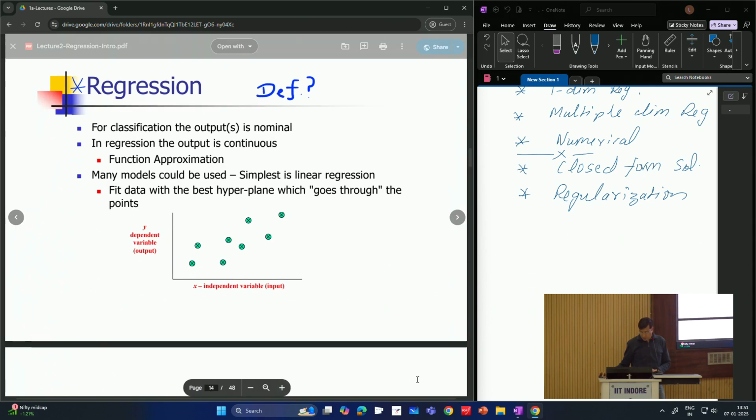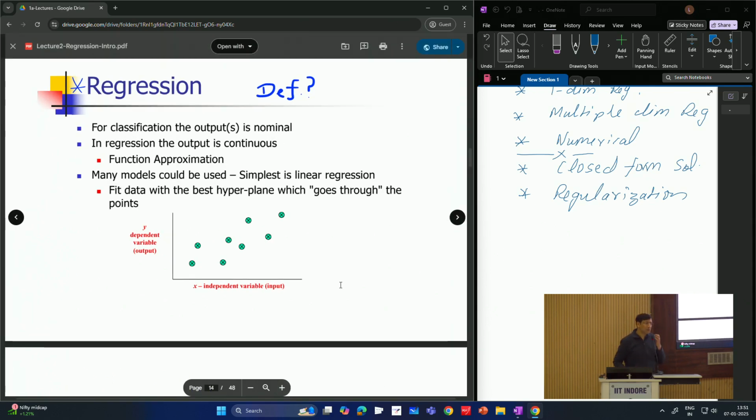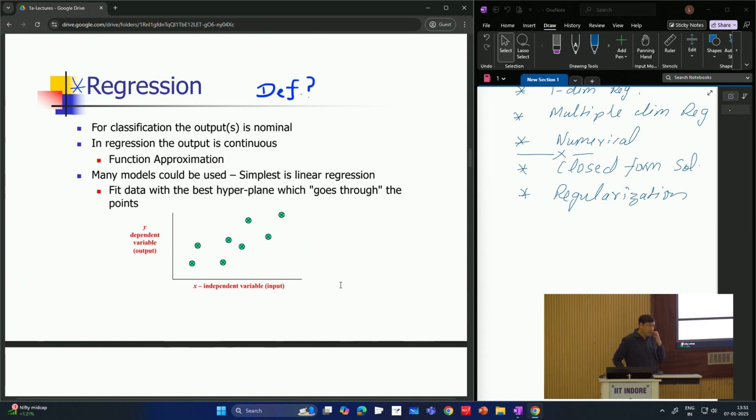Now what do we do in regression? Classification is another type of problem which we solve, which we'll see later. Yesterday, those who were there, I talked about classifying images into breast cancer images, benign or malignant. Regression is a complementary problem to classification.